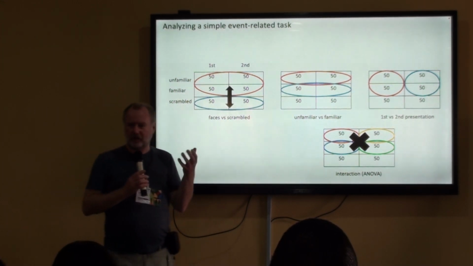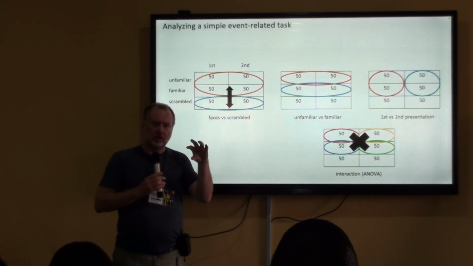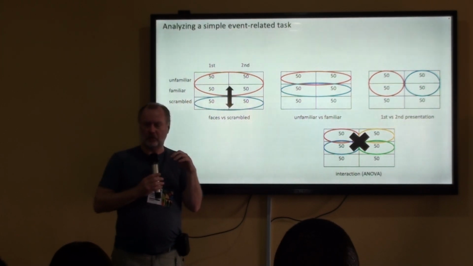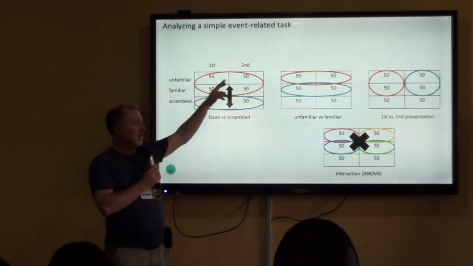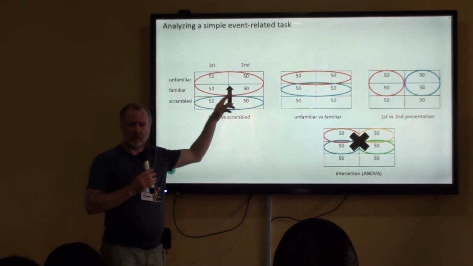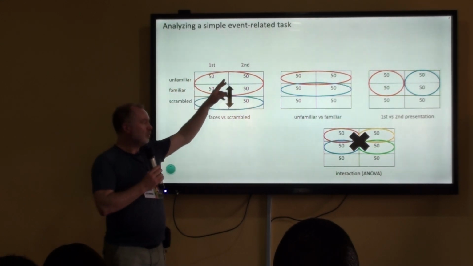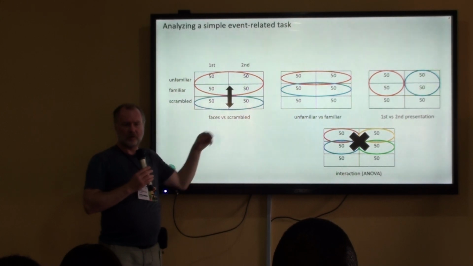Thinking about this factorial design also helps us to think about the contrasts that we can compute, the differences that we can compute. For example, if we take all of the real faces, both the familiar and the unfamiliar faces, we compute the mean value here, and we compute the mean value of the scrambled faces.